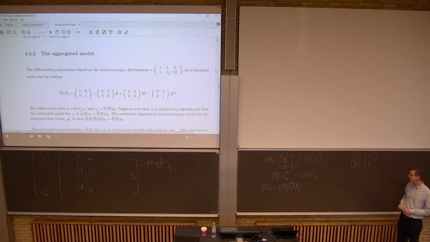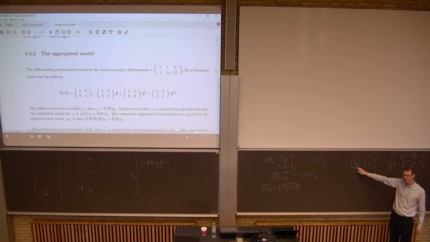What this column gives you, for the bivariate system, if I write it out, is the identity matrix minus B 0, 0, and 0, because it's only the first one. So this is what I get from having a column like this.